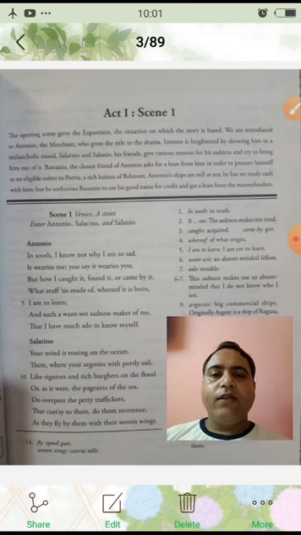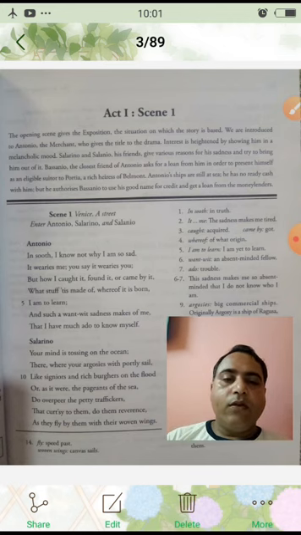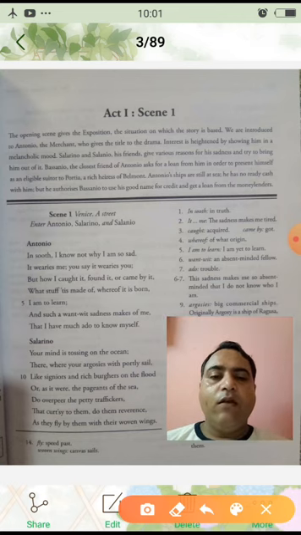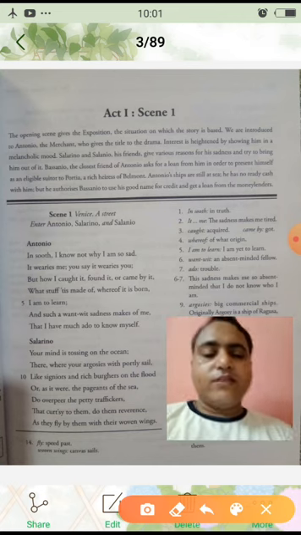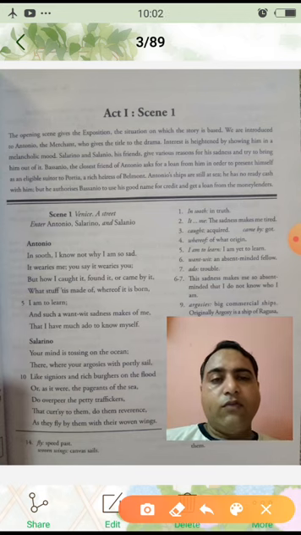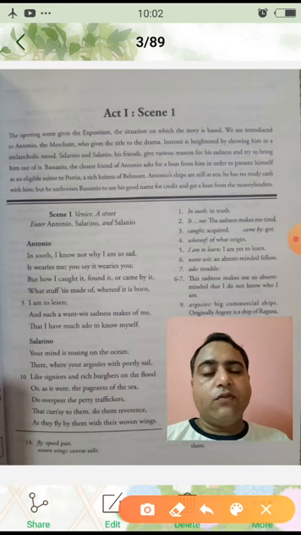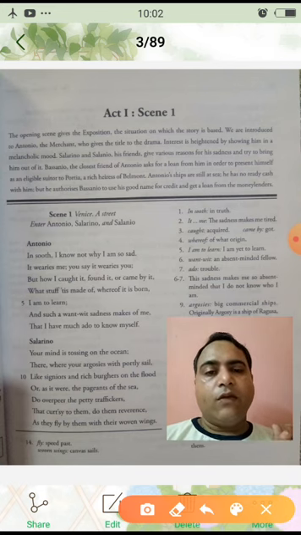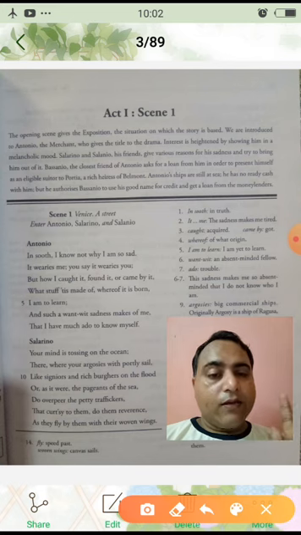Now you can see there are a few things that you have to keep in mind. Whenever you study Merchant of Venice, whenever you listen to the explanation, the best thing is that you should always keep one pencil with you. Keep the book and listen to the explanation very clearly.